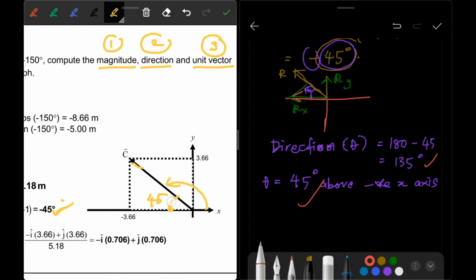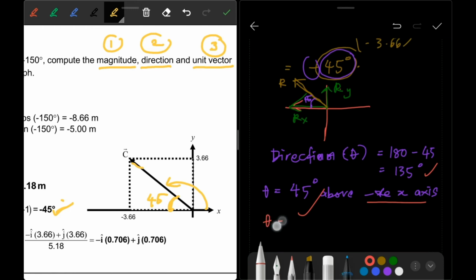Or you can take this angle 45, but you have to mention which quadrant. Or you can write it 45 degrees, and then state the quadrant, second quadrant.